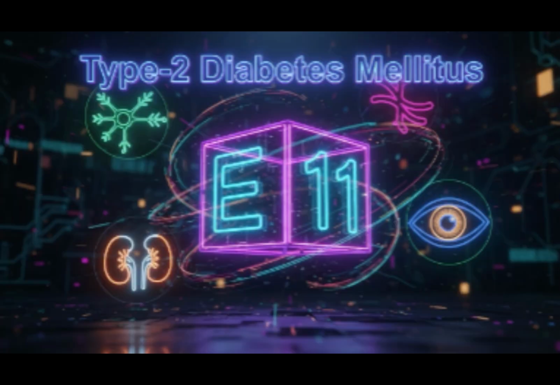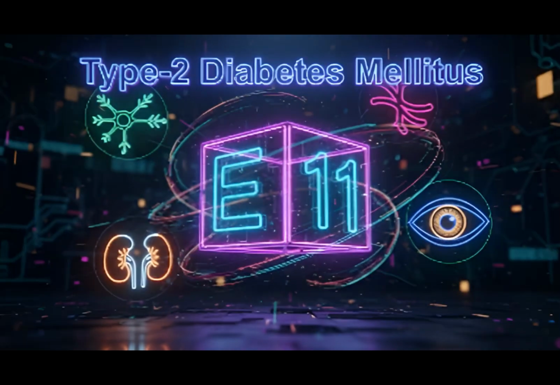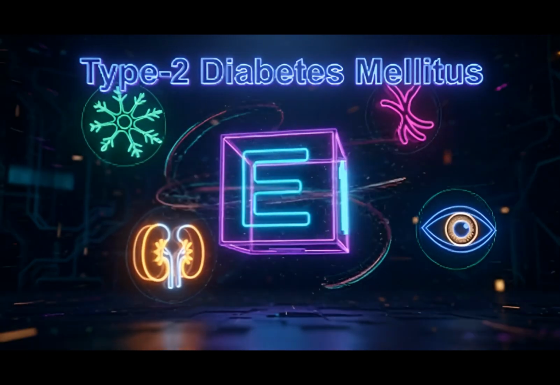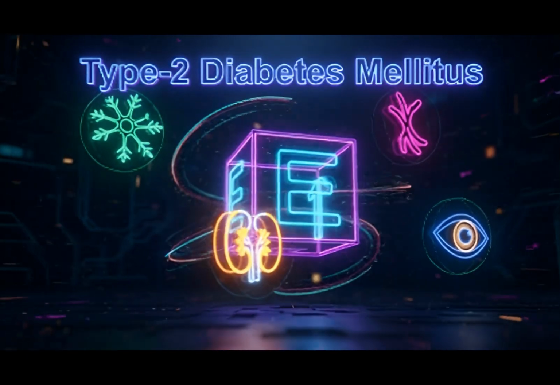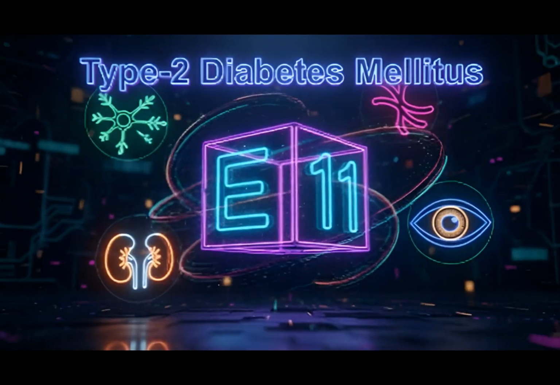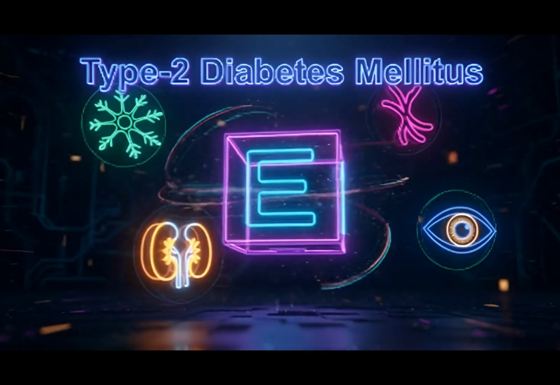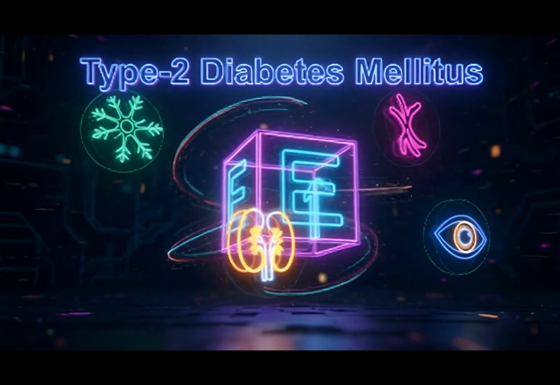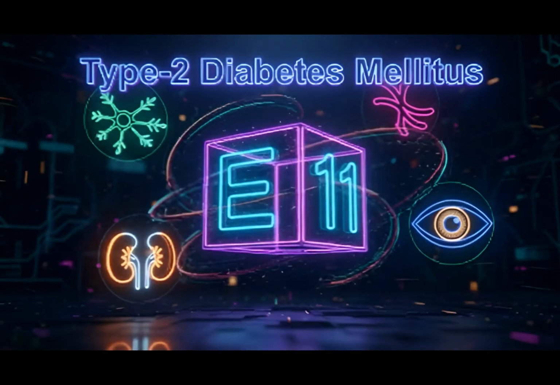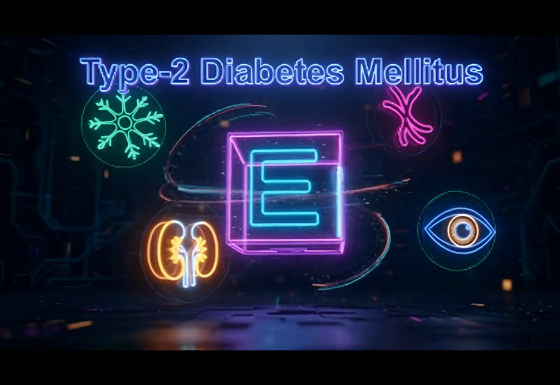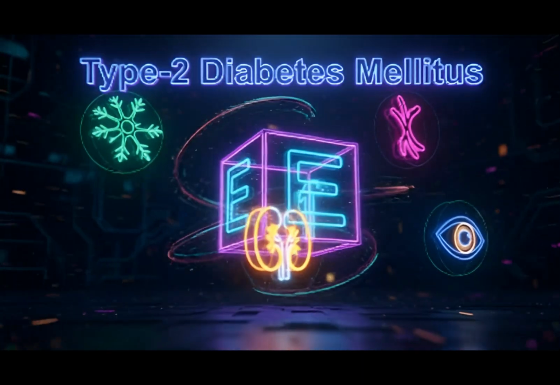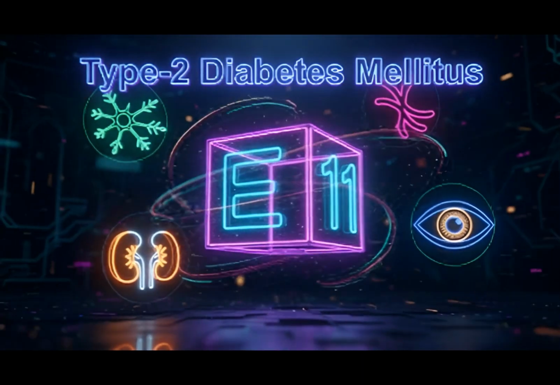Now let's look at type 2 diabetes mellitus, coded under E11 in ICD-10. Type 2 diabetes is the most common form, and it is strongly associated with lifestyle factors, genetics, obesity, and physical inactivity. It is also a default code. When the document says only diabetes, then we code it as E11.